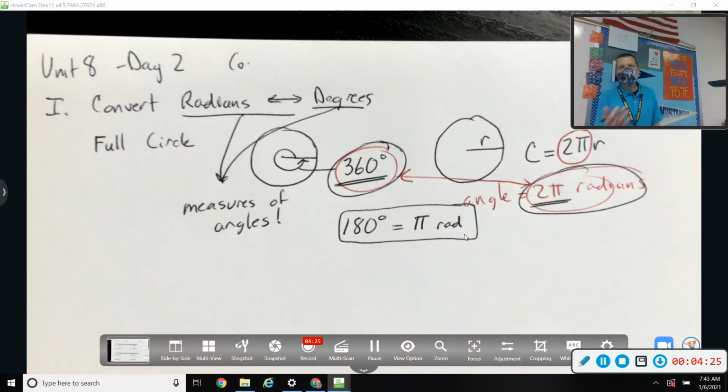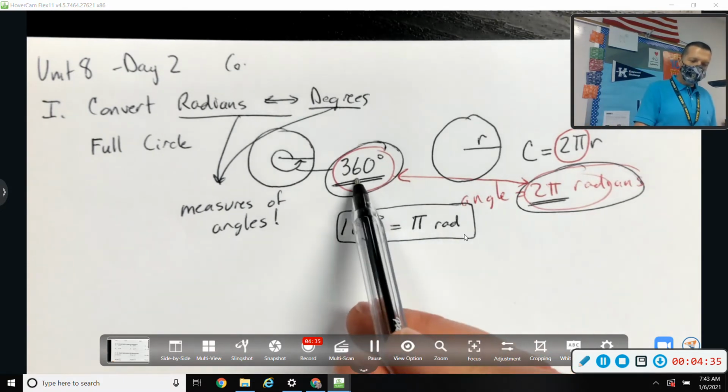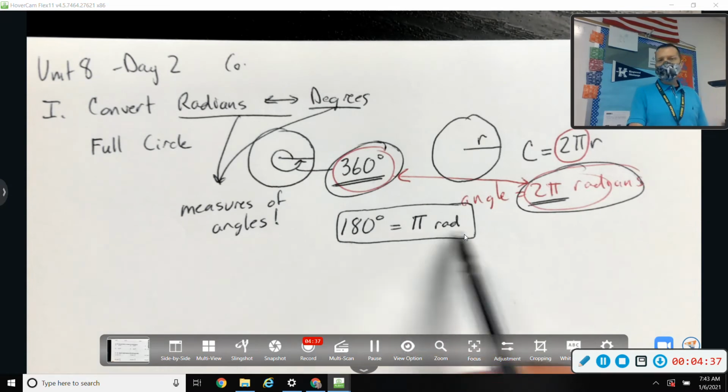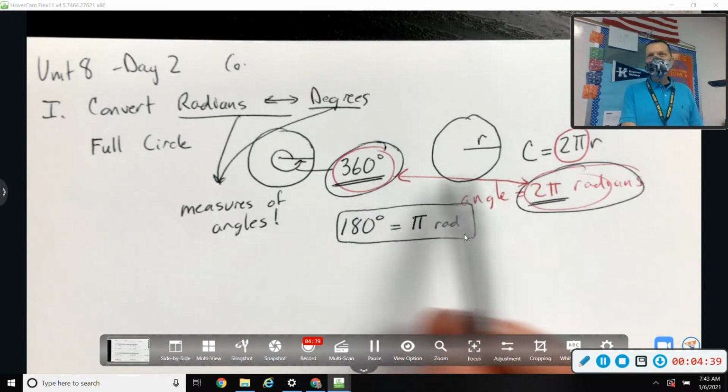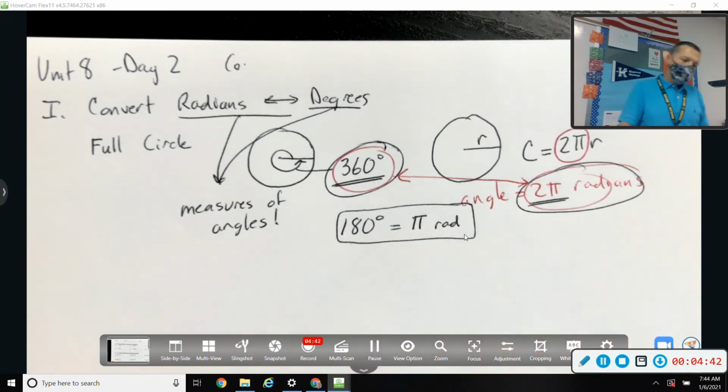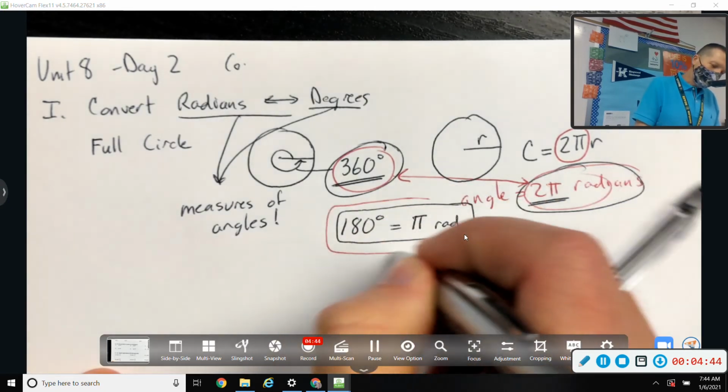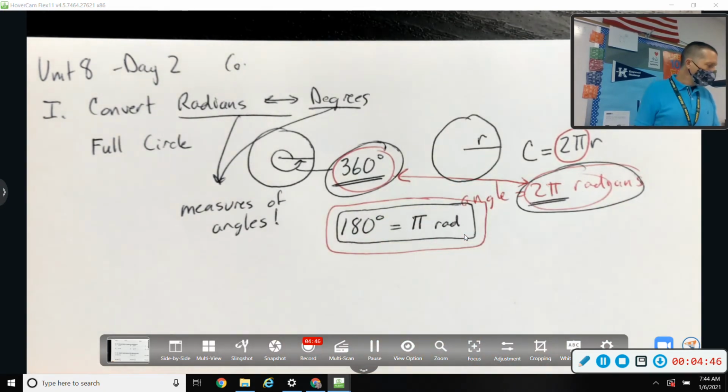That's the same thing, right? That's like saying 12 inches is a foot, but 24 inches is 2 feet. Like, well, yeah, but it's the same thing. Same thing here. 360 is 2 pi, or 180 is the same as pi. Remembering either one is fine, but the 180 equals pi is probably going to be the one we want to use when we're doing conversions.